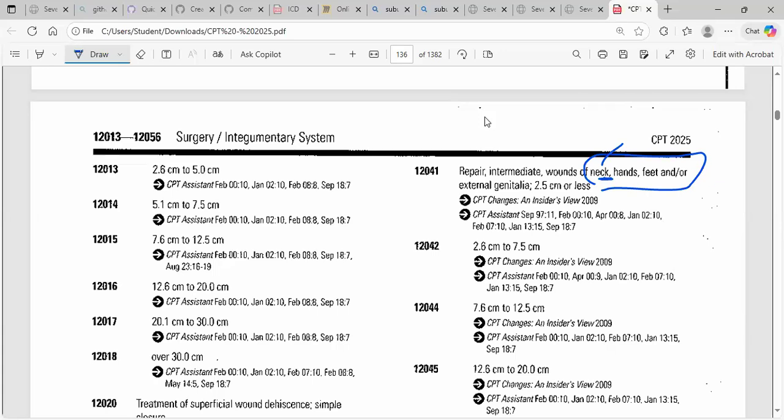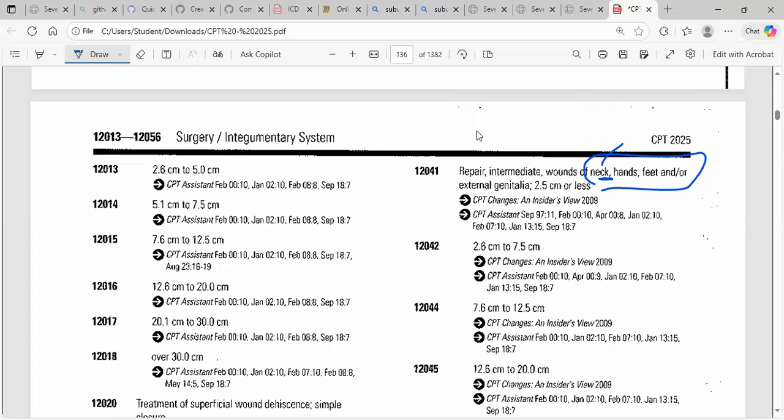I know this topic is a little bit difficult. Yes, Vaishnavi, do you have a doubt? If simple repair has been done on the neck and on the scalp, then we need to add it, right?